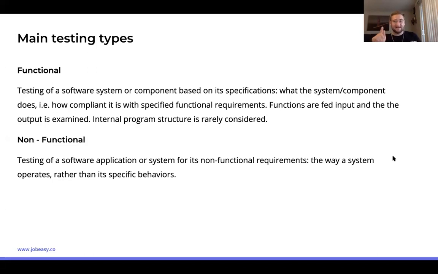So when we test what happens when you click the search button, that is called functional testing, because the only thing we care about at this point is what happens after we enter some text and then click on the button. So we test the function, and that's why it's called functional testing. So far, so good. I hope everyone is with me.